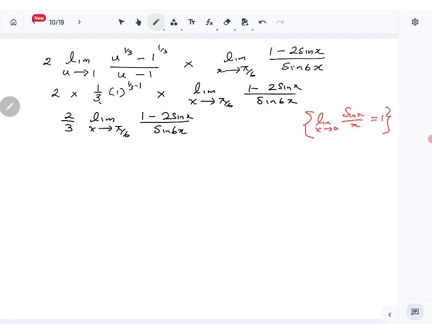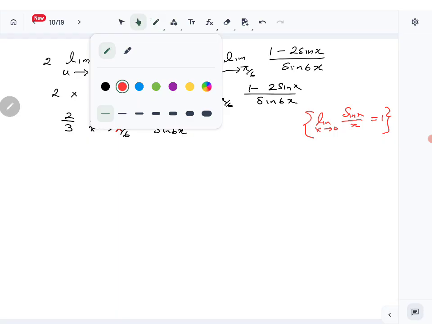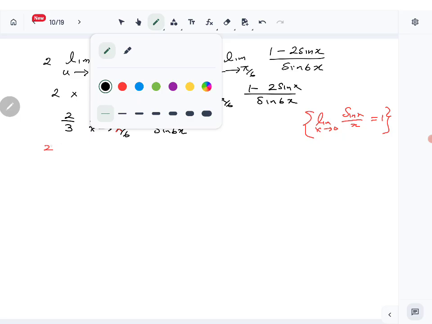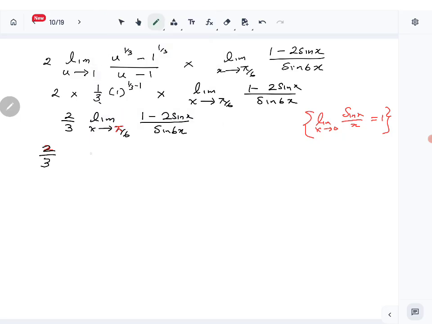So to do that, I have to use this pi over 6 part, right? So let me write it like this. 2/3 limit x approaches pi over 6. Take -1 out. No, take -2 out. Let's take, wait.